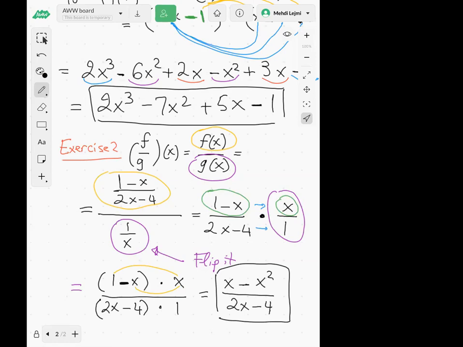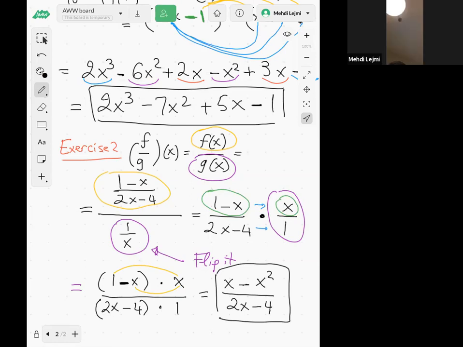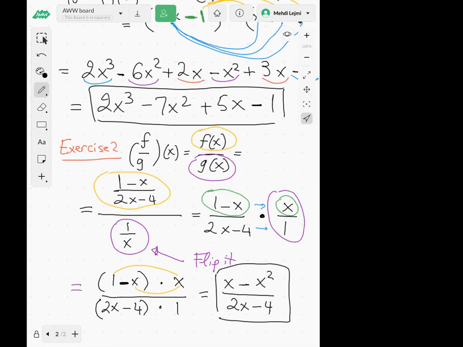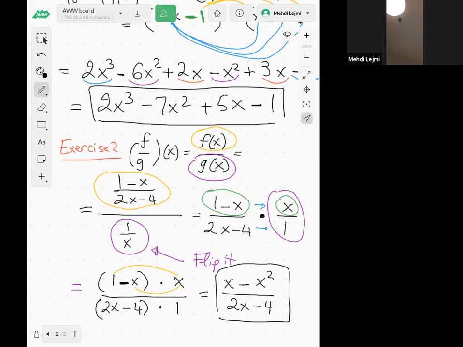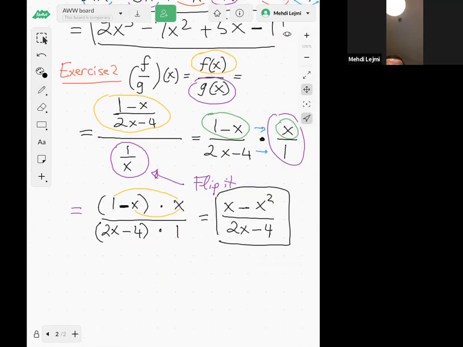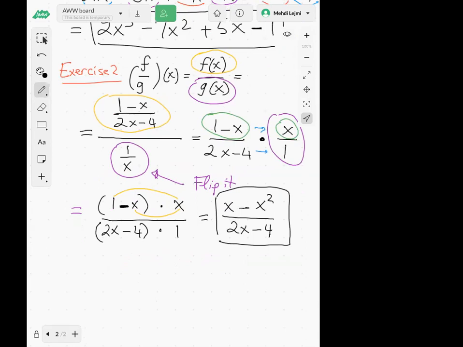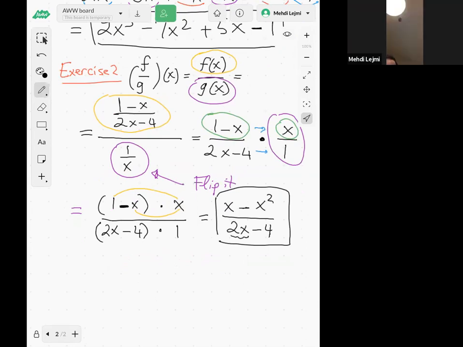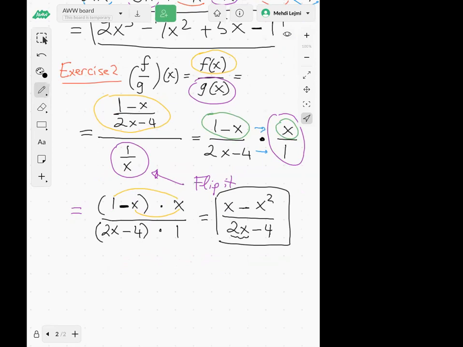Wait, we don't simplify that? Don't we have to factor it? Because it looks factorable. Yeah, you can factor out x in the top, but it doesn't go away, right? It doesn't simplify. But yes, you can factor out the x in the top. And what did you do in the bottom, the denominator? The GCF is 2, so 2 times x minus 2.